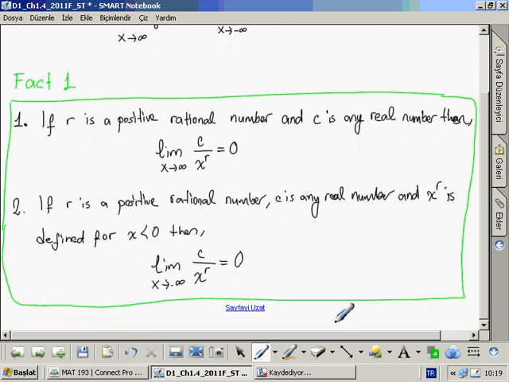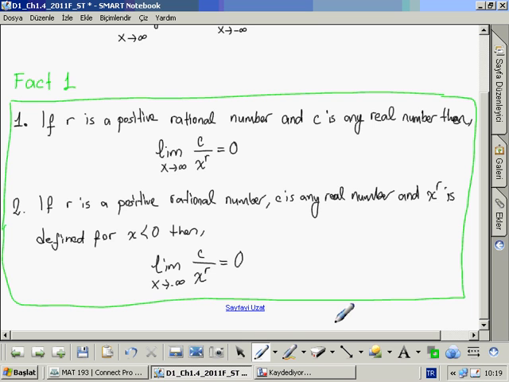The first part of this fact should make sense if you think about it, because we are requiring r to be larger than 0. We know that x to the power of r will stay in the denominator. Next, as we increase x, then x to the power of r will also increase. So we have a constant divided by an increasingly large number, and so the result will be increasingly small. That means in the limit we will get 0.